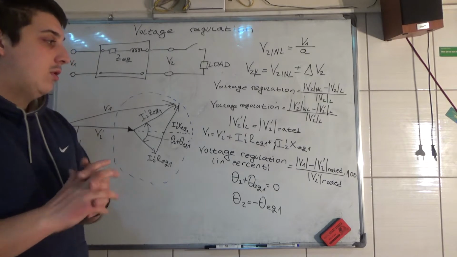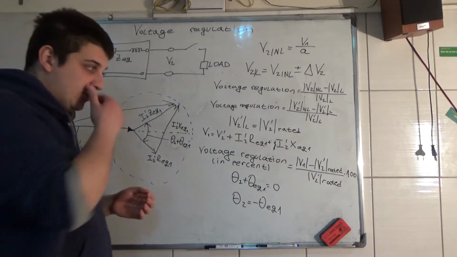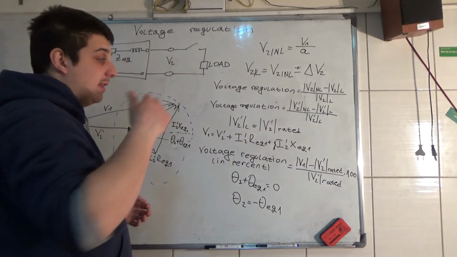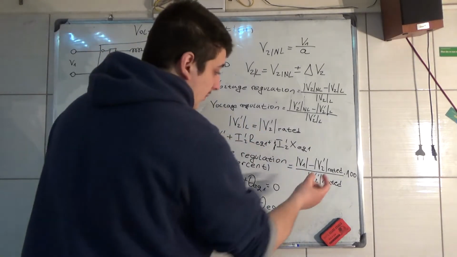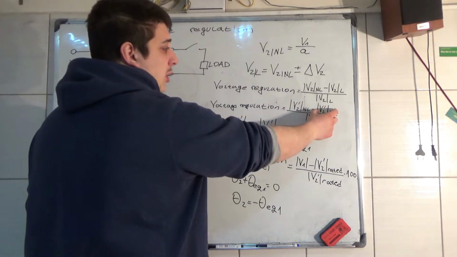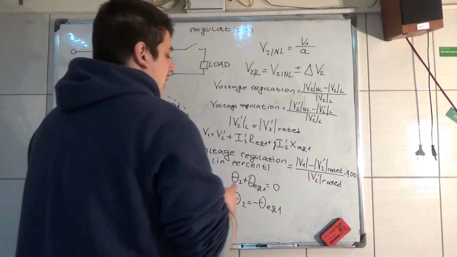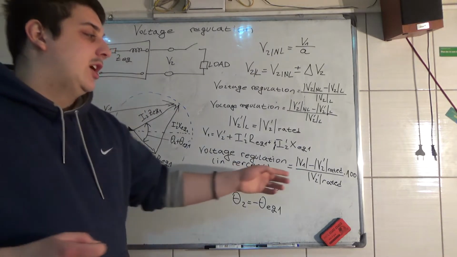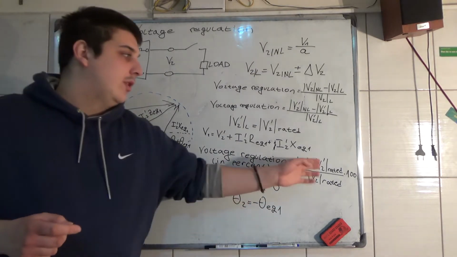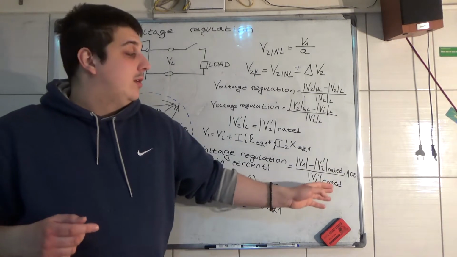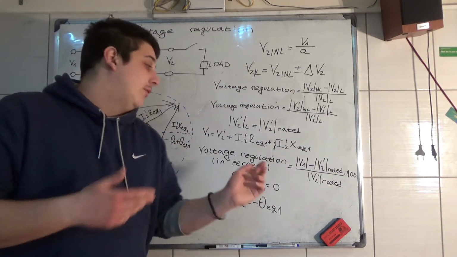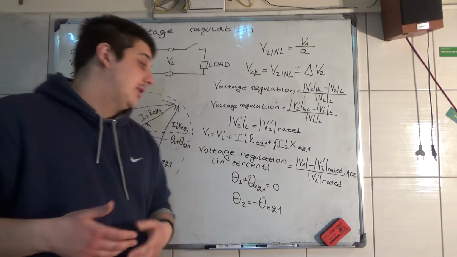Okay, now if for the load voltage we put the rated voltage on the nameplate, we can measure the voltage regulation in percentage. We just multiply by 100 and then you get voltage regulation in percentages.